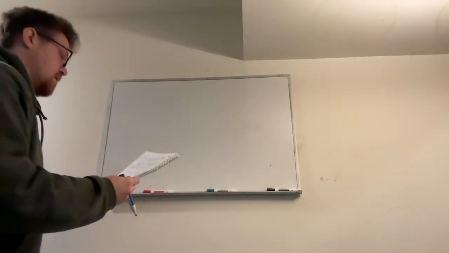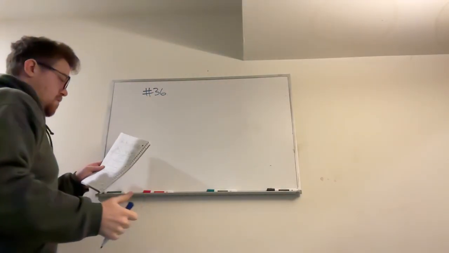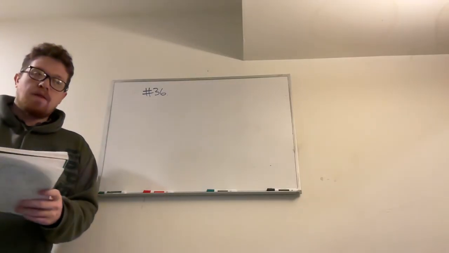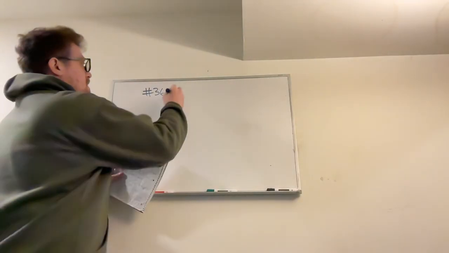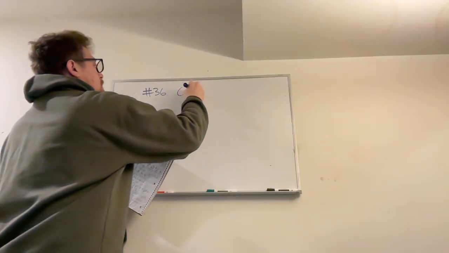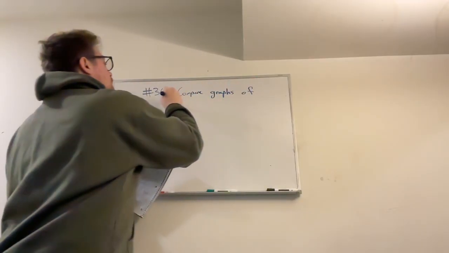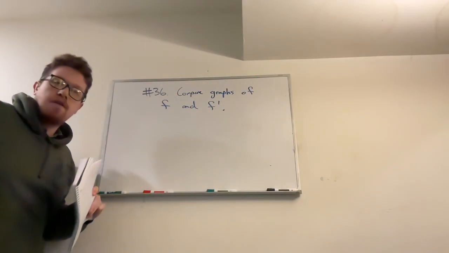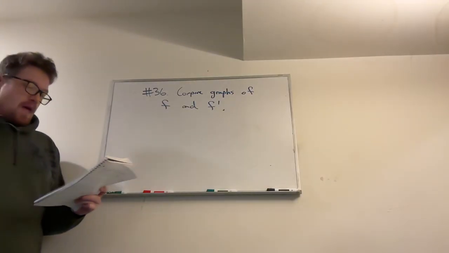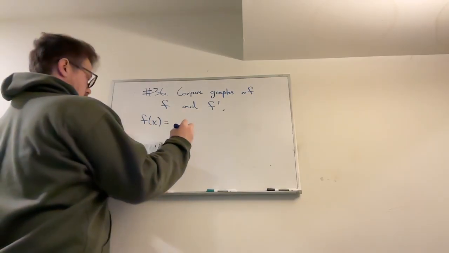Okay, so problem 36, which is a couple of problems later, is about comparing the graphs of a function and its derivative. It asks to compare the graphs of f and f prime, the derivative function of f. And they give us a function, f of x is equal to x plus 1 over x.